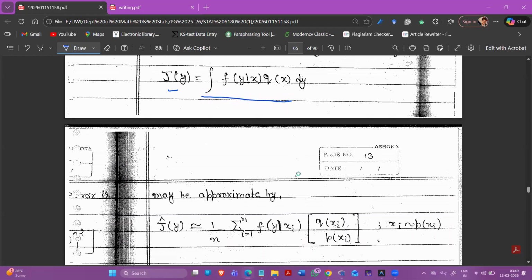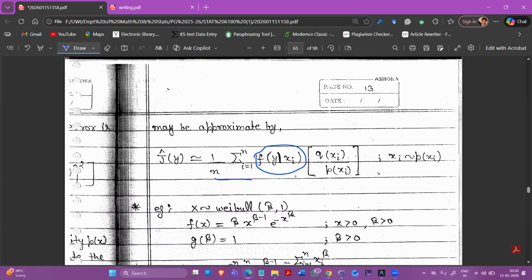What is the marginal? Marginal means you already know the other variables, right? So here, if you put the values of xi in this function, that will remain a function of y only, and the xi values and p(xi) values will be constants for the known parameters, and then simply you can get the marginal distribution value for your y.